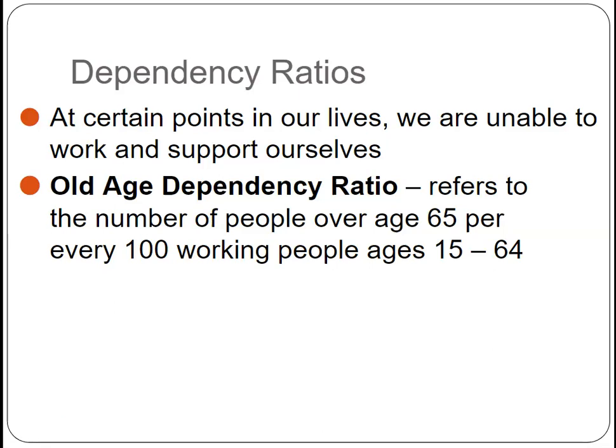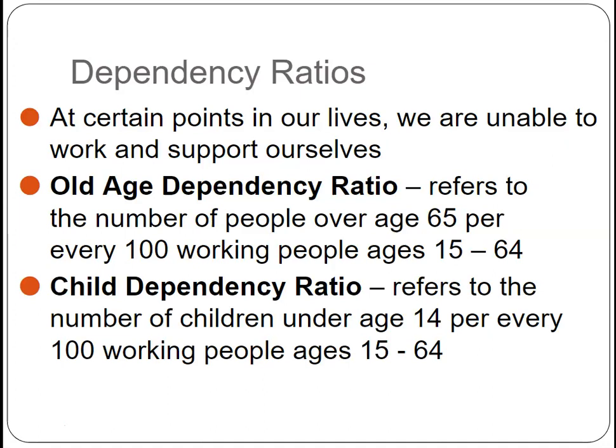But if we look at the number of people over 65 who are then dependent on people between the ages of 15 and 64 to work and bring in a source of income for them. And then the flip side to this would be the child dependency ratio. So this is looking at the number of children under the age of 14. Now, of course, I know many people who started working below 14. Many of you may have started working at the age of 14.